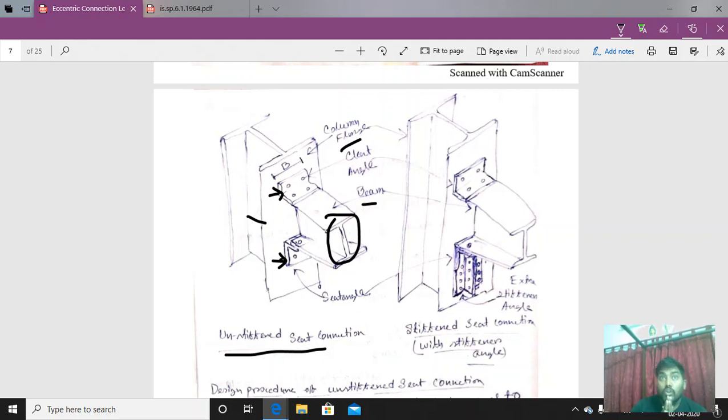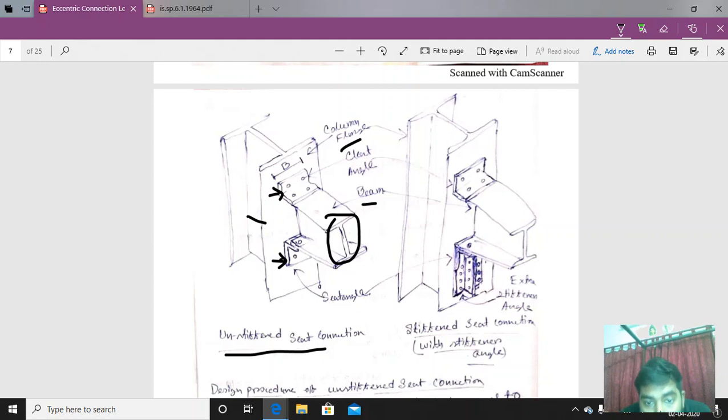So to facilitate that many bolts, an extra angle is used for the seat connection. That angle is called the stiffening angle or stiffener angle. When the stiffener angle is used, the seat connection is called a stiffened seat connection.